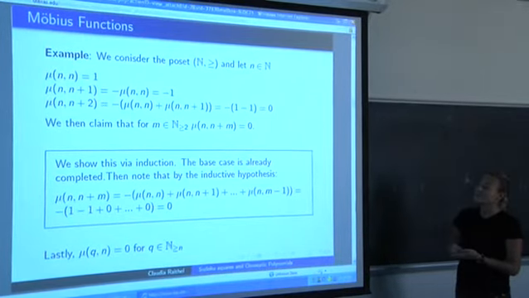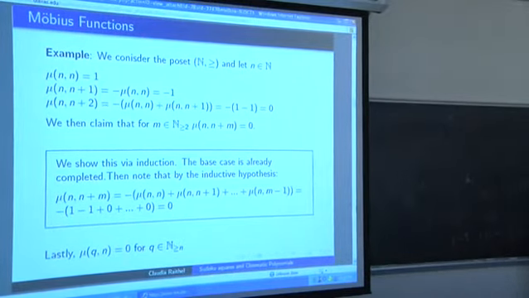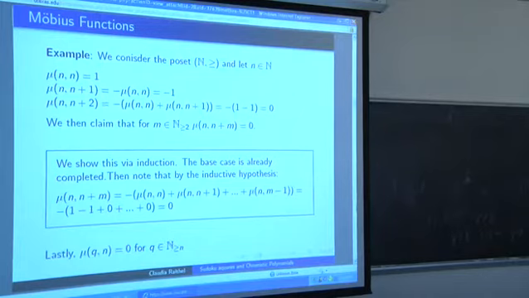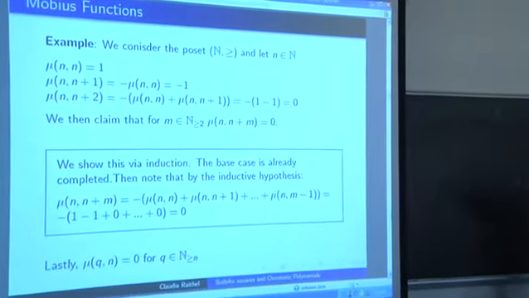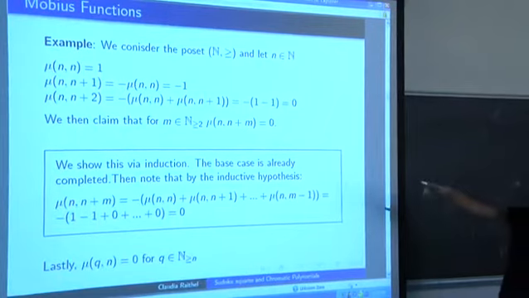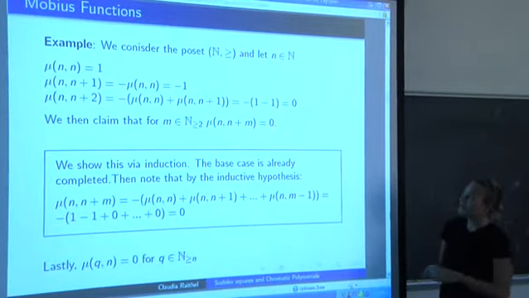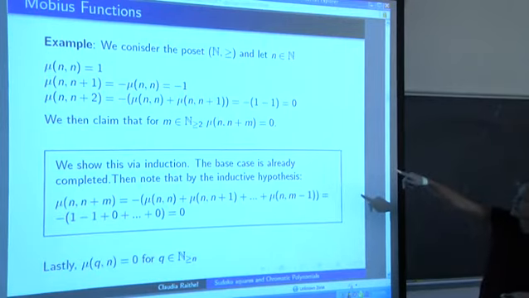Then we look at mu of n, n plus 1. In the sum, from n to n plus 1, the only possible z is n itself, so the sum is just negative mu of n, n, which is negative 1. Then we look at mu of n, n plus 2. We get these two terms, but they cancel, and so we get 0.